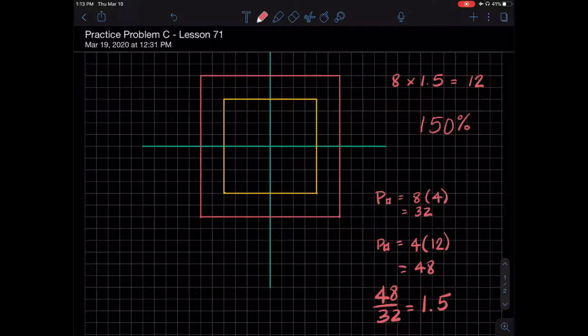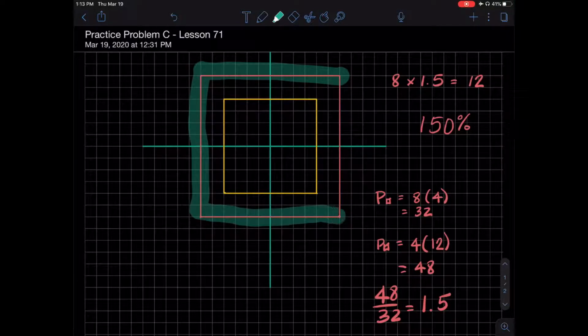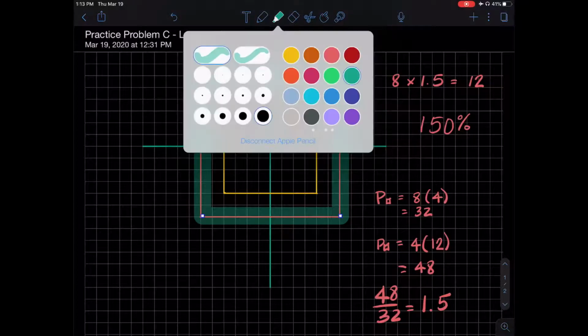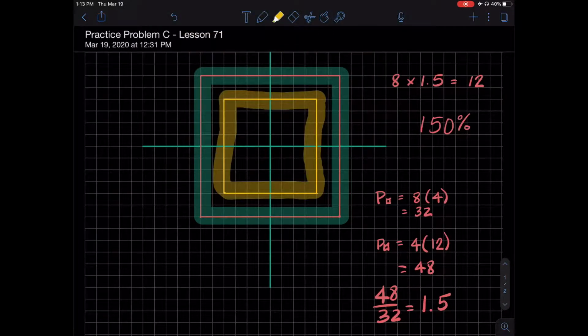So since we did 150%, that is the total distance of the total perimeter of the big square. It's this. Now, we don't want that 150 because that 150 includes this little square, and we don't want this little square involved.